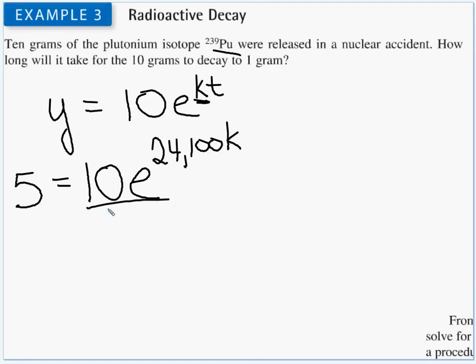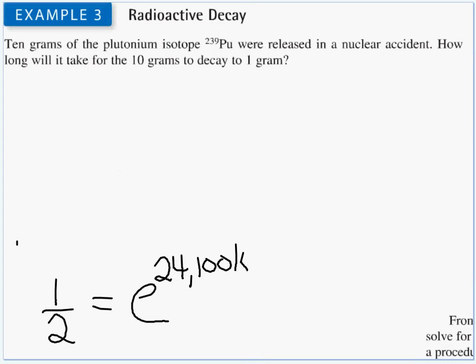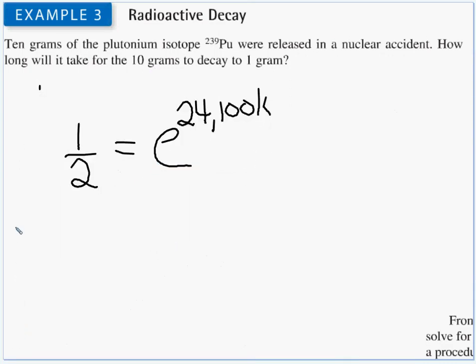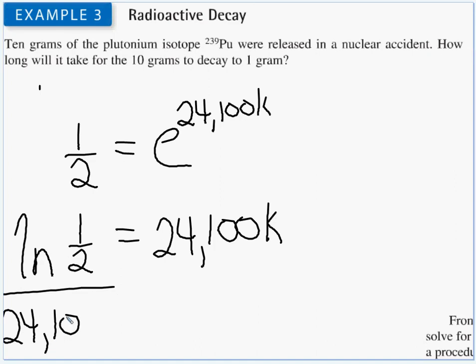Step 1, divide by 10. 5 divided by 10 is a half. 1/2 equals e to the 24,100k. And to get rid of the base e, we're going to natural log each side. The natural log of a half is equal to 24,100k. And to get k alone, we're going to divide by 24,100.